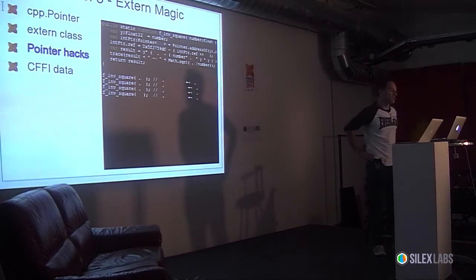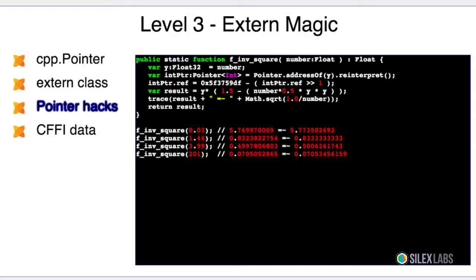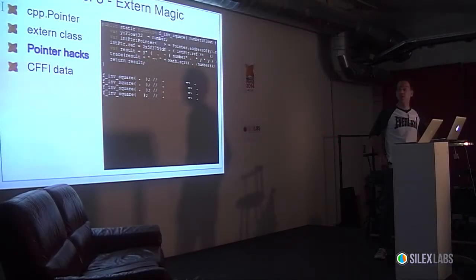So, you know, it is very much like a C++ pointer, which actually lets you do C++ pointer things. I'm not sure that's a good thing or not, but here's a little example where I create a float 32 number y. I take the address of it and I reinterpret it as a pointer to an integer, so it's no longer a float 32.